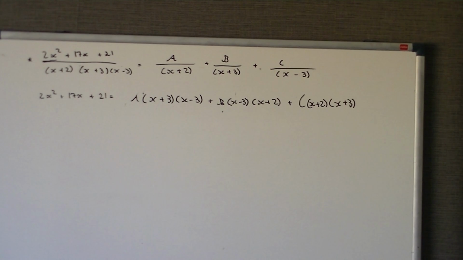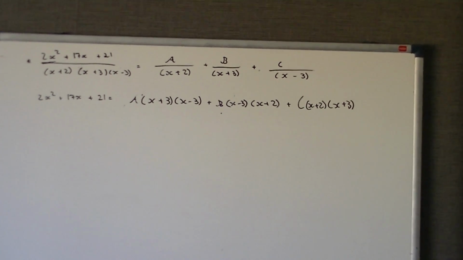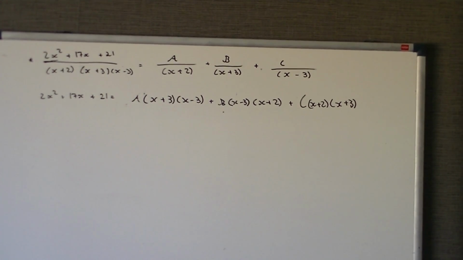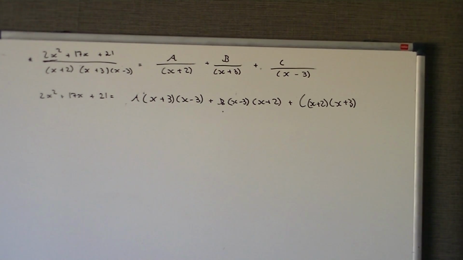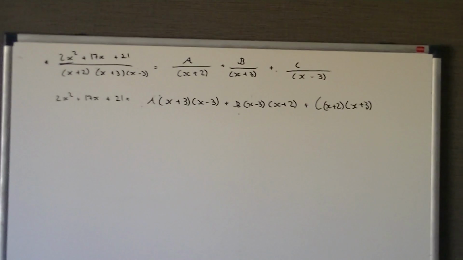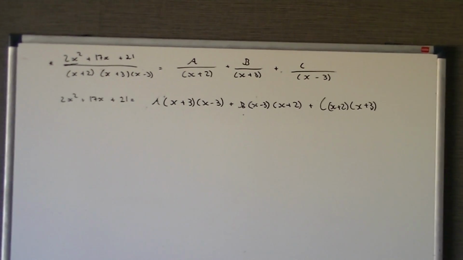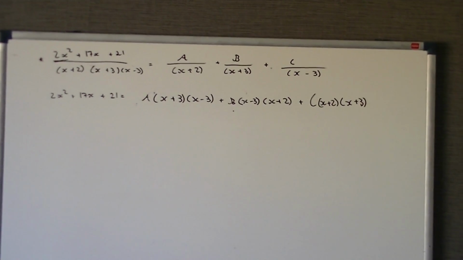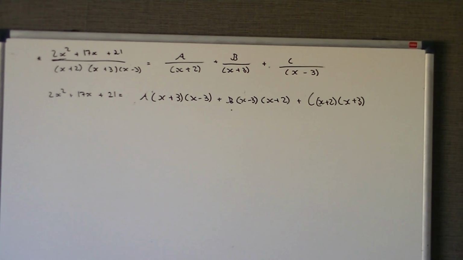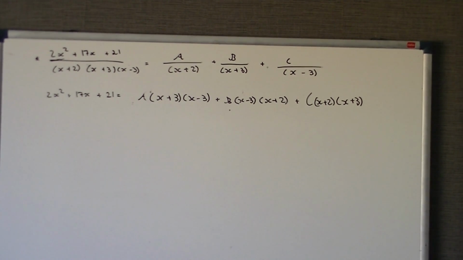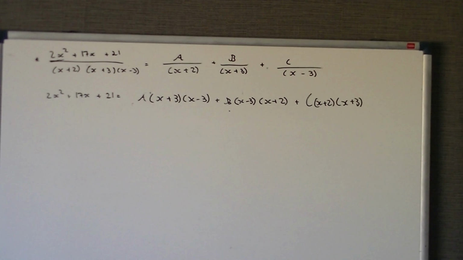The three factors are x plus 2, x plus 3 and x take 3, and you need to make each of them equal to 0, and then put that x value into all of the x's you see in that equation. So if you understand that, just pause the video now and give yourself a go at it, and we'll go through it. As I said, there's no need to factorise the quadratic there because it's easier just to leave it like that. So I'll just give you a second to pause the video now and have a quick go at that one.